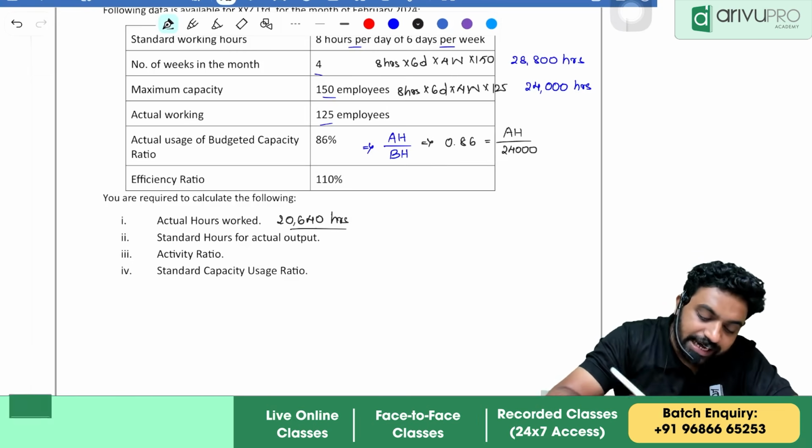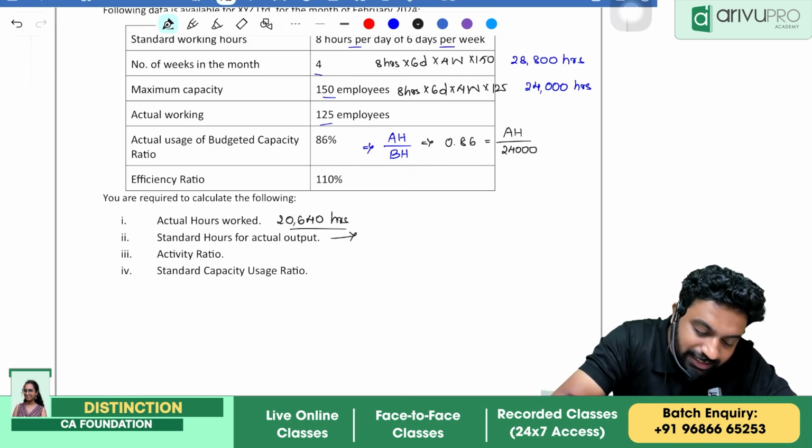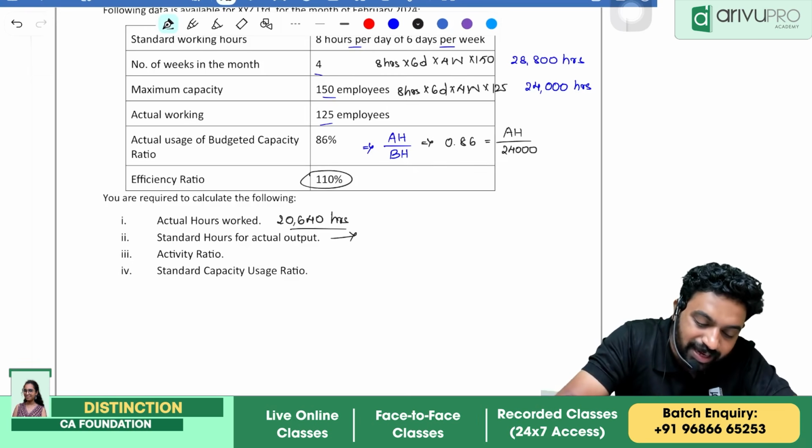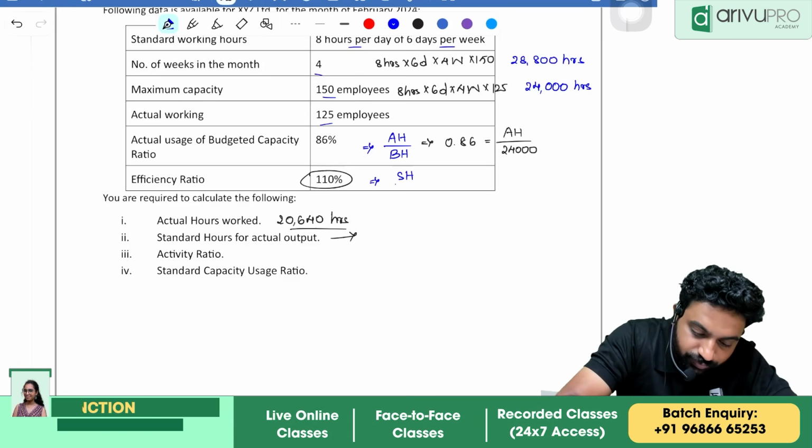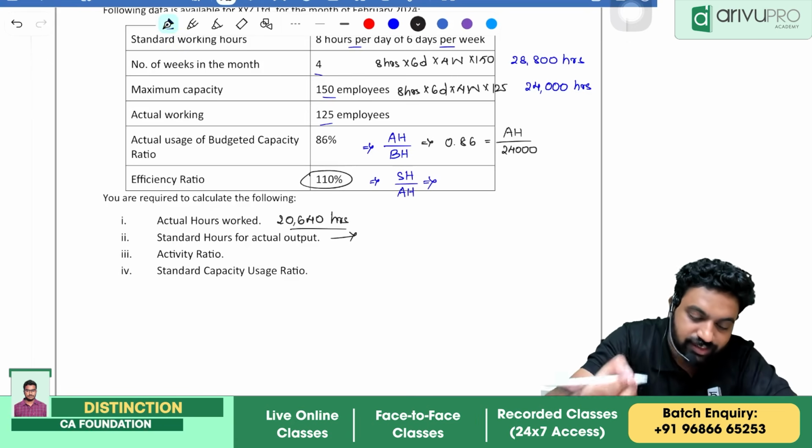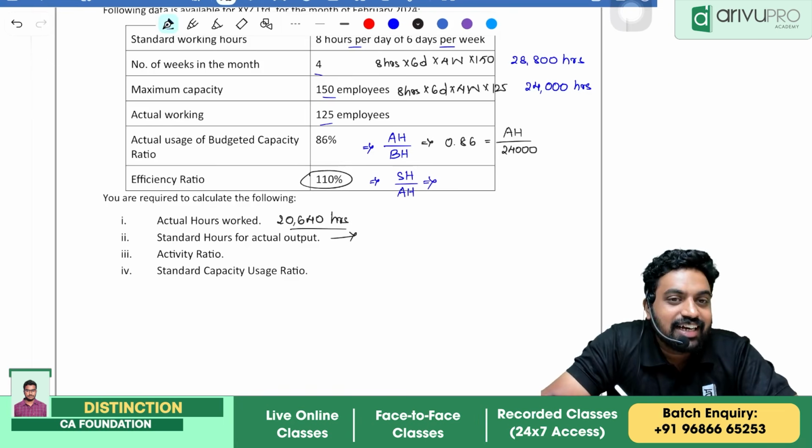Next, standard hours for actual output they are asking. They have given the efficiency ratio. May I know the formula for efficiency ratio? Standard hours by actual hours into 100.